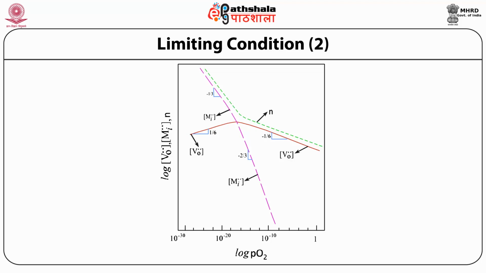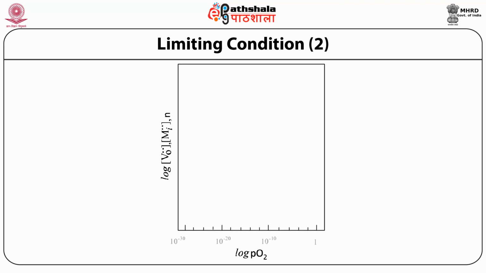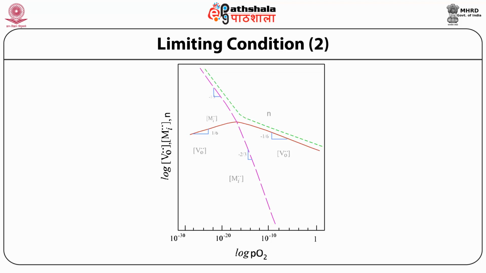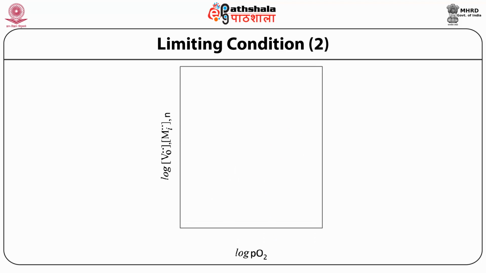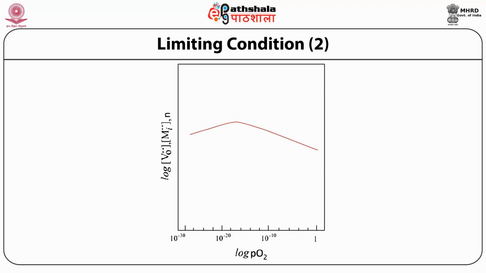So for metal oxides, assuming complete ionization of vacancies, we can write the reaction as half of O2 gives OO plus Vm double prime plus 2 holes, whose equilibrium constant can be written as K equals the concentration of OO and Vm double prime times NH square divided by PO2 to the power 1/2.